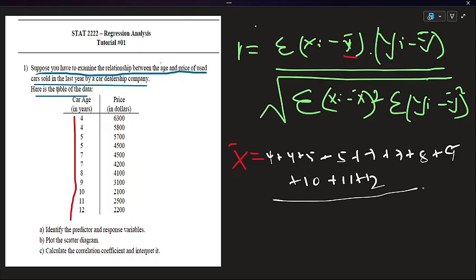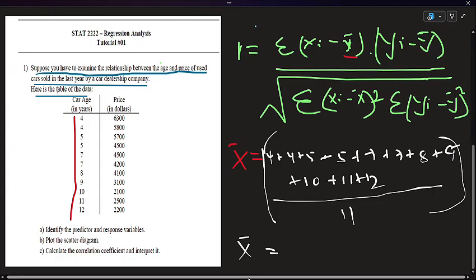Add all the values and divide by the number of elements in the table. There are 11 elements, so I'm going to divide by 11. When you calculate this value, the answer is 7.4545. So the first part of the steps is now done.